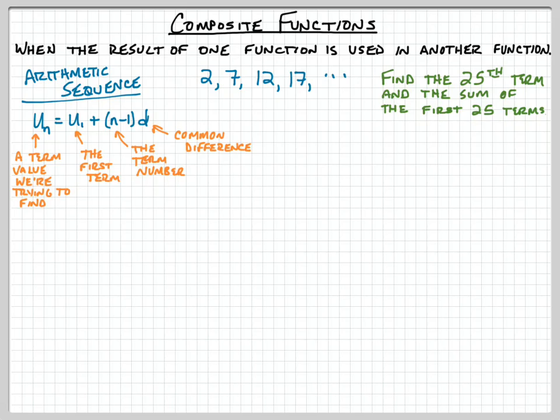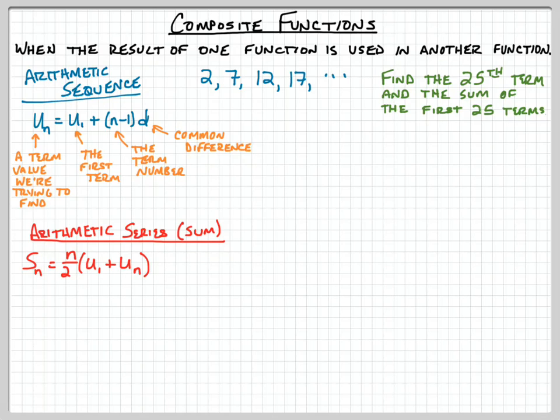Along with this, we're trying to find the sum of the first 25 terms, so that's where we use our arithmetic series. Our arithmetic series is a little different because this is where we talk about the sum of all of the values up to a certain point. This formula is s of n equals n over 2 times u of 1 plus u of n.